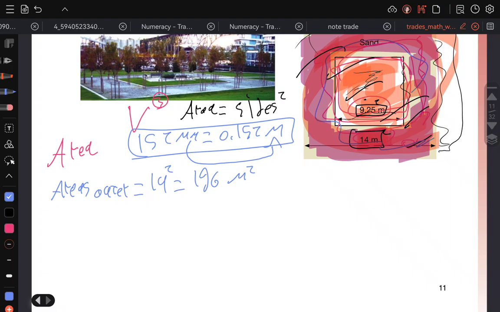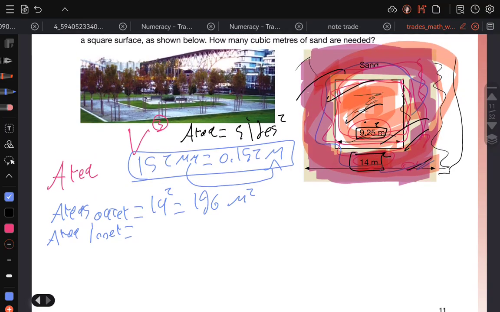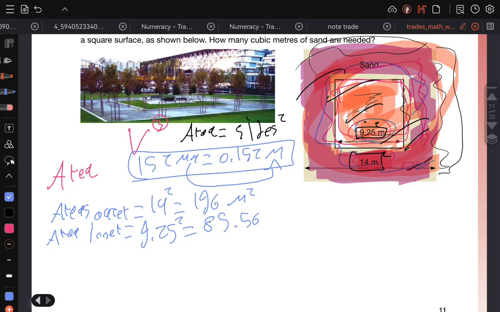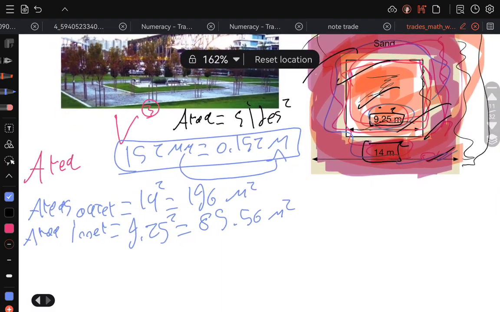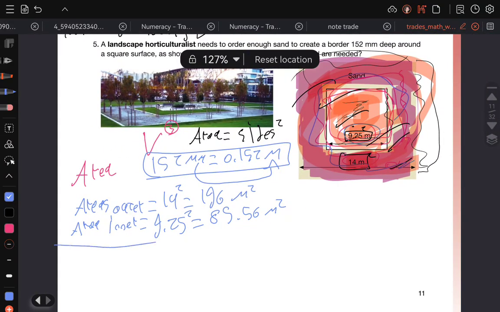Okay, the area of the inner one, which is 9.25 squared, which is going to be 85.56 meters square. Until this point, I hope we are clear.